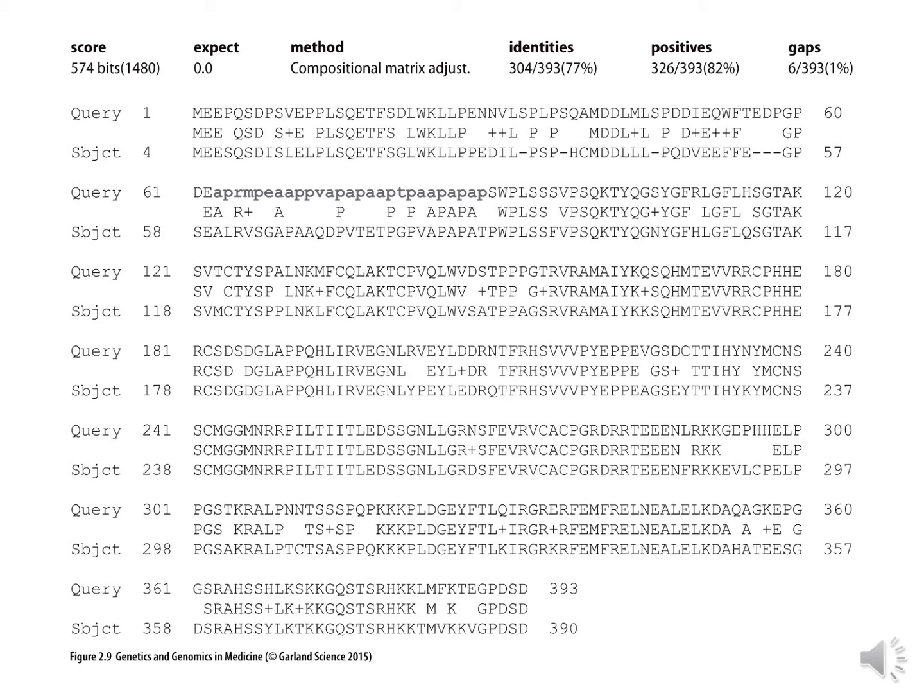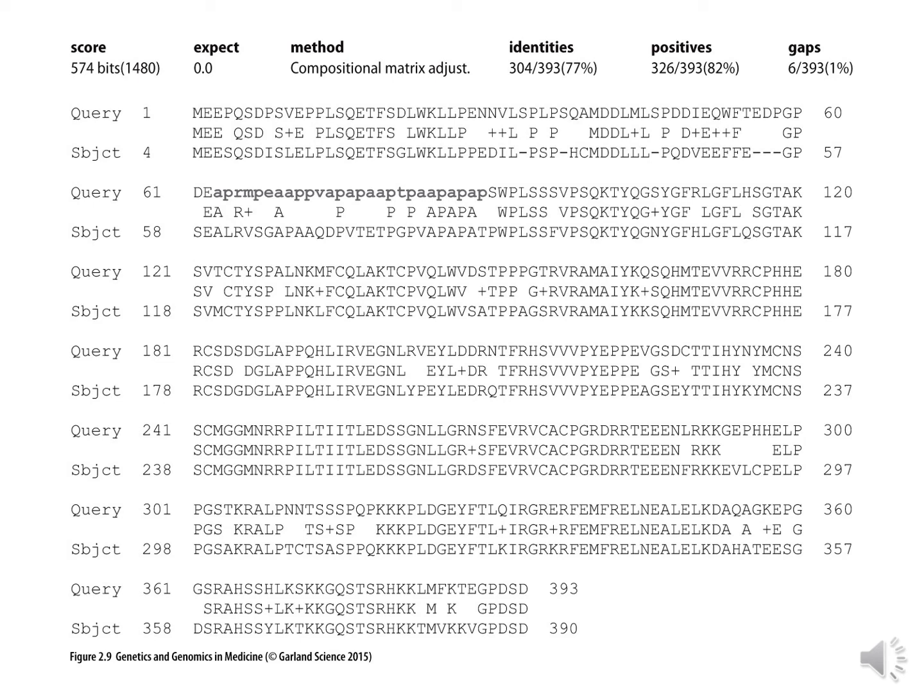The sequence from amino acid number 4 onward matches the start of the human sequence, but lacks 6 amino acids in the region encompassing amino acids 33 to 58, shown as dashes in the mouse sequence. The middle lines between the query and subject lines show identical regions at 304 out of the 393 matched positions.